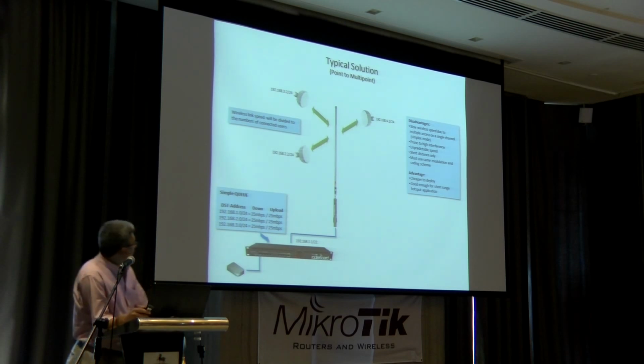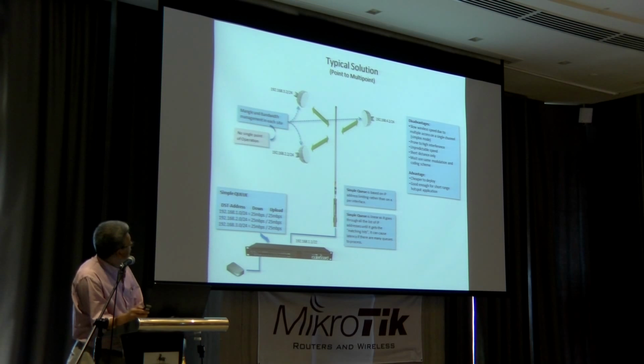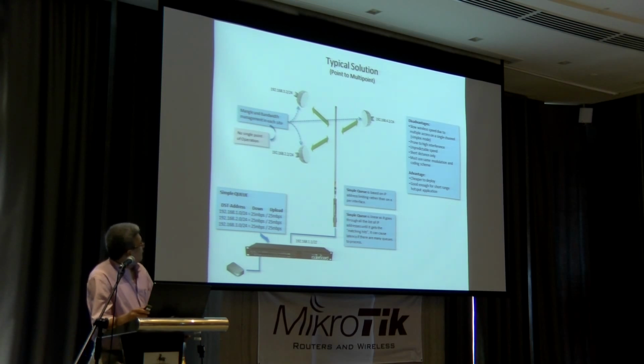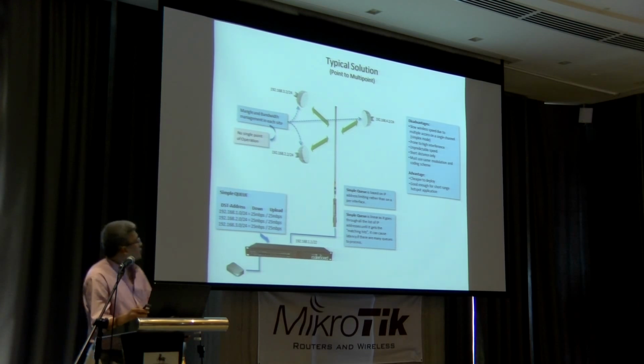Then it is followed by a simple queue. If you look at the MikroTik wiki website, it suggests how to use a simple queue. Basically, a simple queue is based on IP address limiting rather than on a per interface basis. A simple queue is linear, as it goes through all the IP addresses in the list until it gets a matching hit.